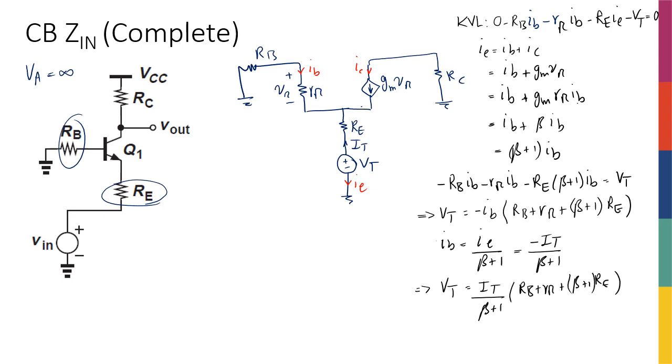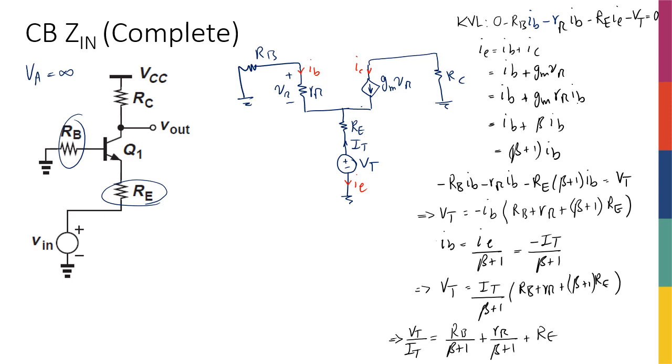Then I bring IT to the other side. So VT divided by IT is going to be equal to RB divided by beta plus 1 plus R pi divided by beta plus 1 plus RE.